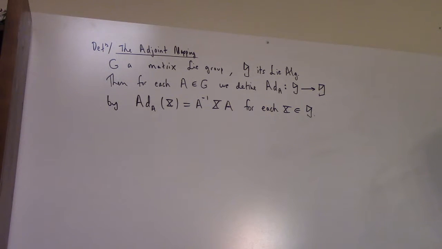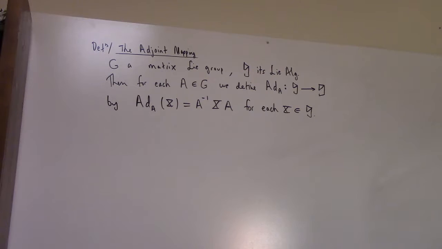Now, what's the first thing this tells us? I mean, what is this? This exact formula probably is only going to make sense in the context of matrix Lie groups. If you think about the more abstract concept of a group, the algebra and the group are different objects.